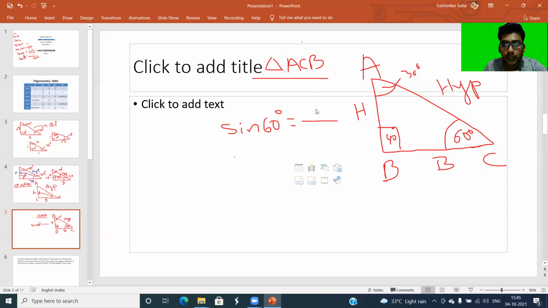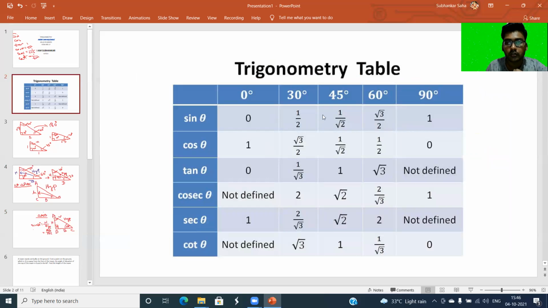If the height is AB and the hypotenuse is AC, we know the value of sine 60 degrees, which is √3/2.